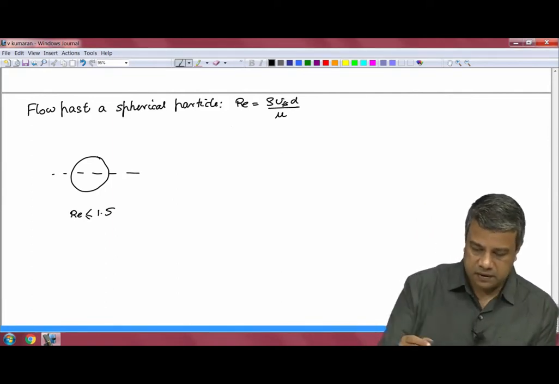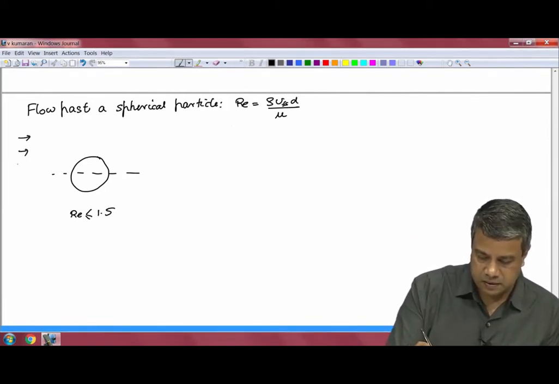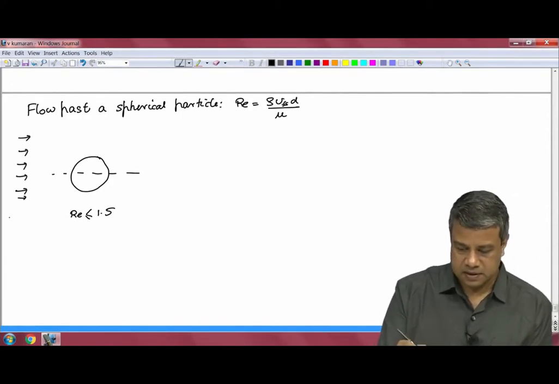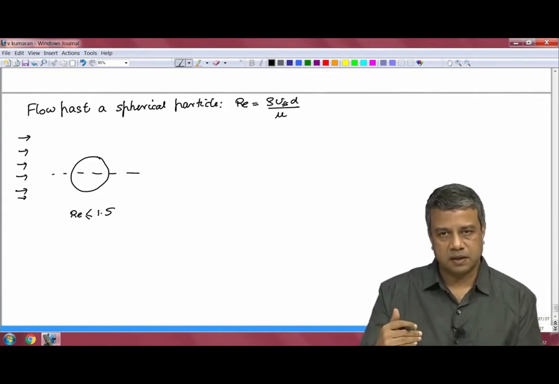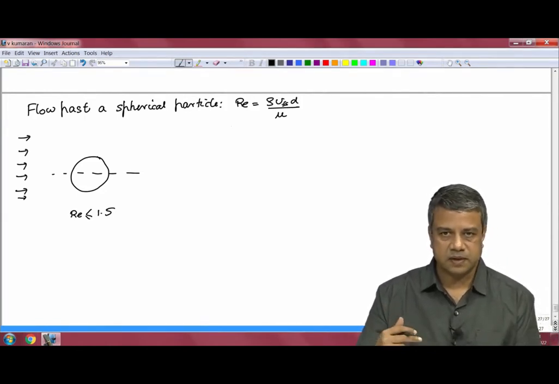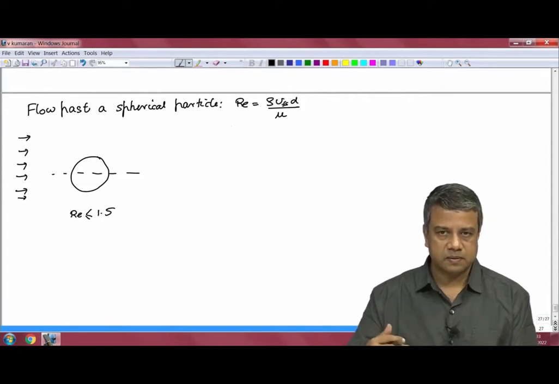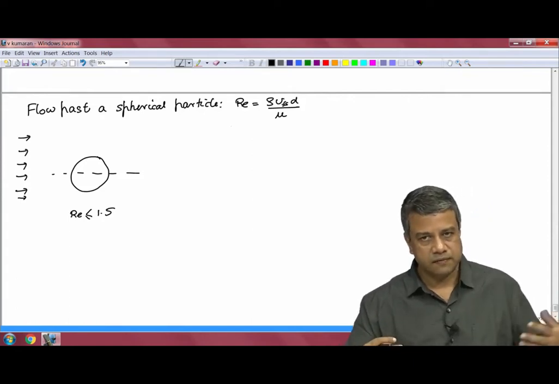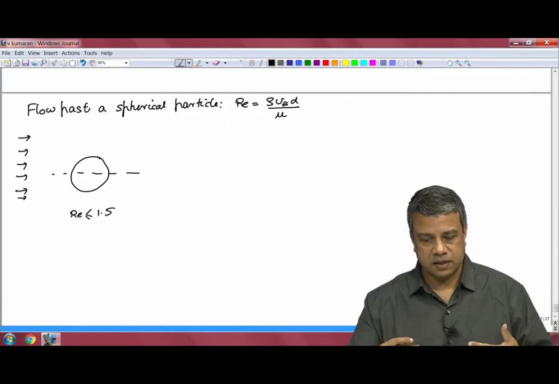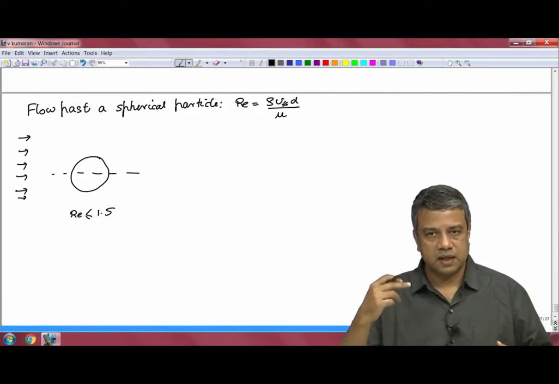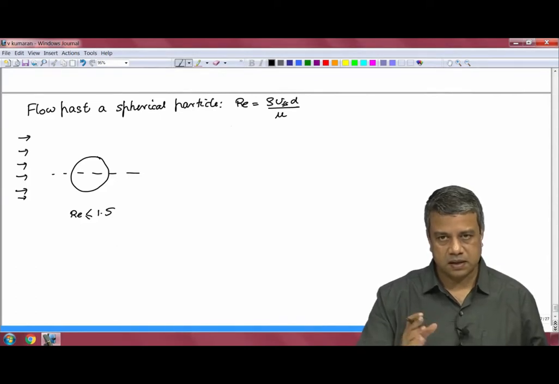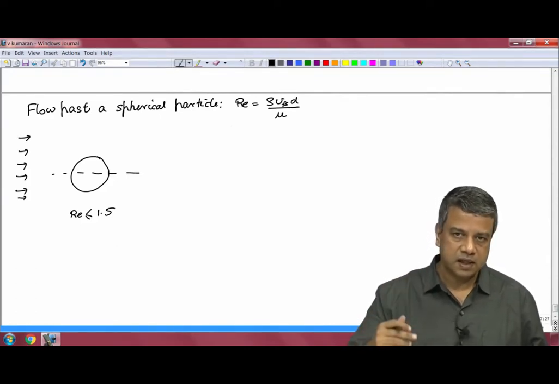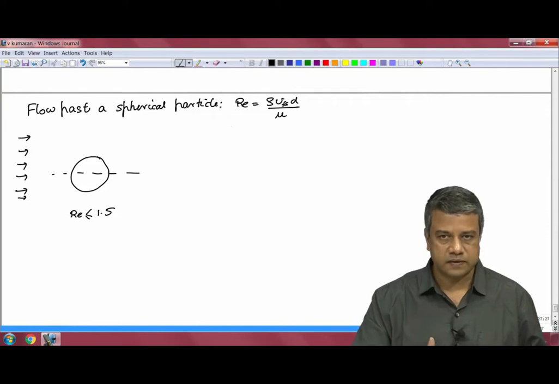And if you have fluid that is incident on the spherical particle, and if you look at the streamlines, these streamlines have symmetry between the upper and the lower hemisphere, of course, because this is an axisymmetric problem. You have a sphere in a free stream velocity, and therefore, at a given distance from the axis and at a given downstream distance, if you change the angle around the axis, there is no change in the velocity.